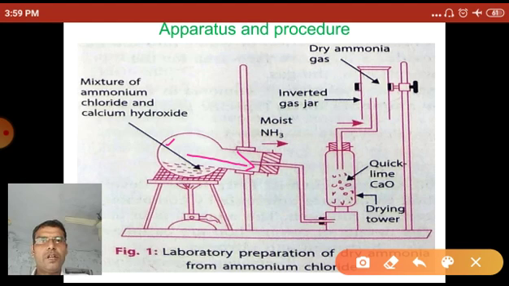Now a delivery tube connects the round bottom flask to the drying tower, and another delivery tube connects the drying tower to the inverted gas jar. When the burner is on, the reaction will start.